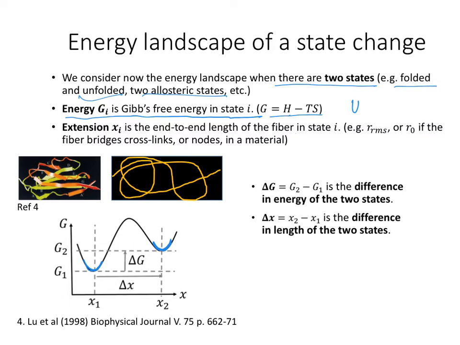And we'll also now refer to the extension X, and we have a subscript in both of these to talk about whether it's of state 1 with G sub 1 and X sub 1, or of state 2 with G sub 2 and X sub 2. So these extensions are the end-to-end length of the fiber in state i. So this was like the R root mean squared or the R naught when the fiber bridges crosslinks in a material, etc. This is the same concept we considered before.